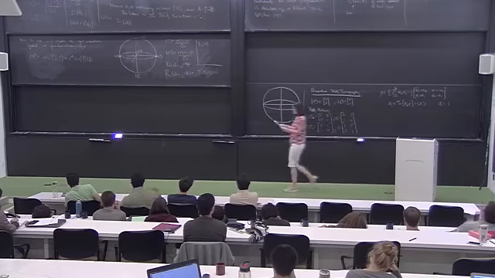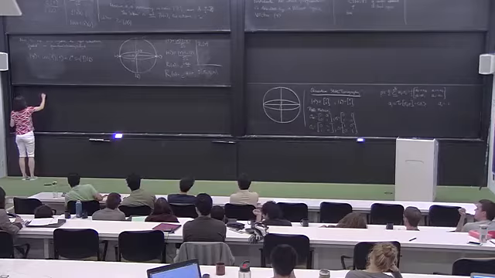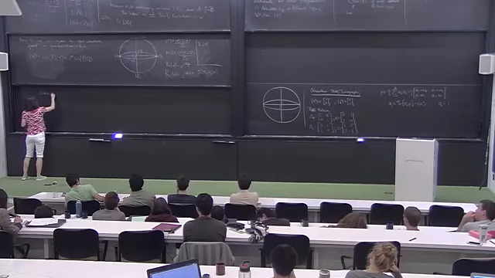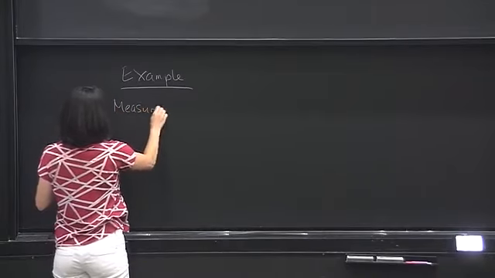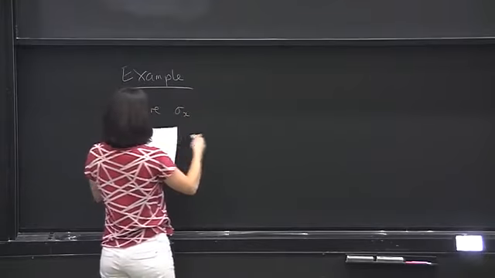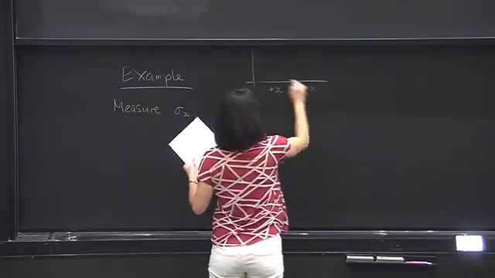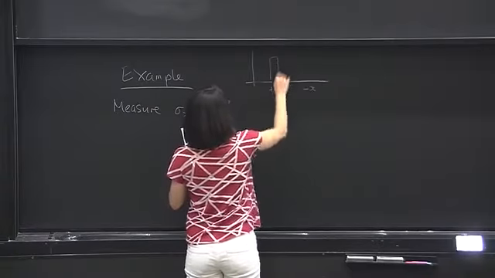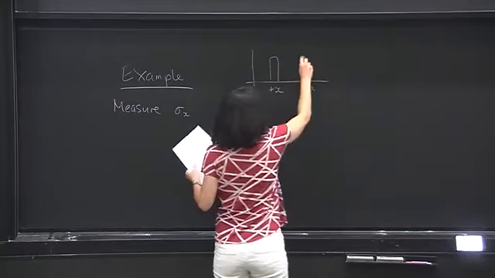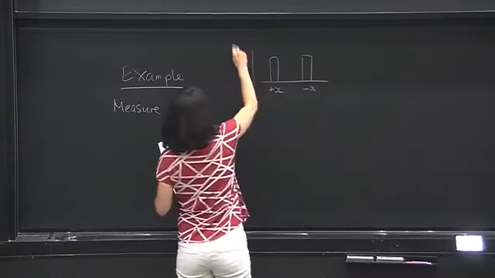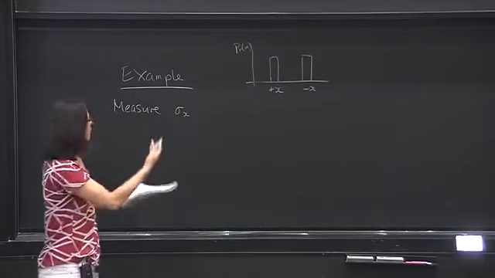And so let's look at an example. Let's say when I measure in the sigma x basis, and I build up statistics, so I have plus x, minus x, and over time I get something that's 50-50, the same.